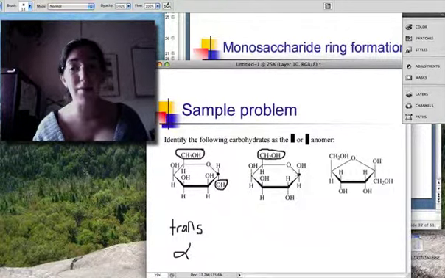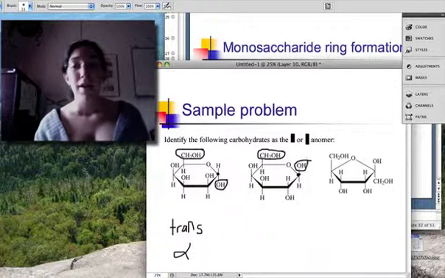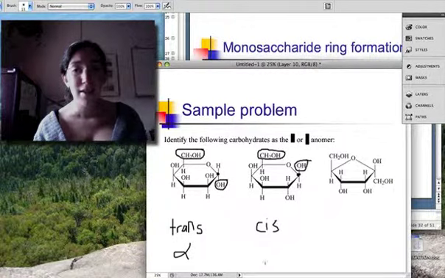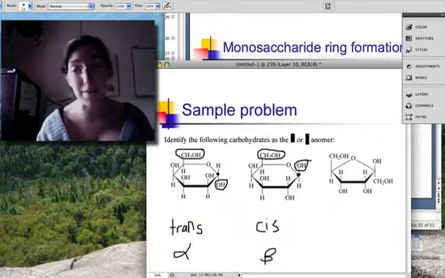I just noted the anomeric carbon, so here's the alcohol group. Are these on the same side of the ring or opposite sides? They're on the same side, so they have a cis relationship. If they are cis, then it's a beta anomer. Beta anomer.